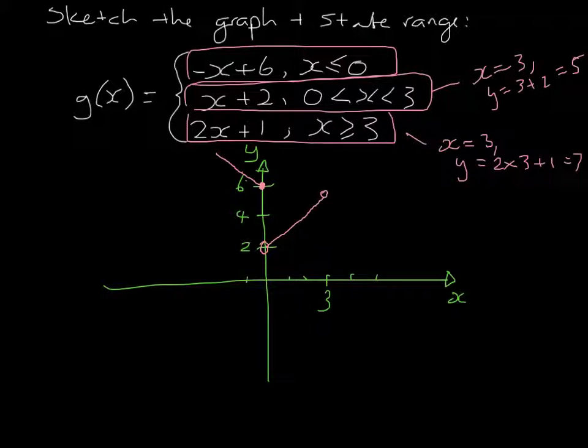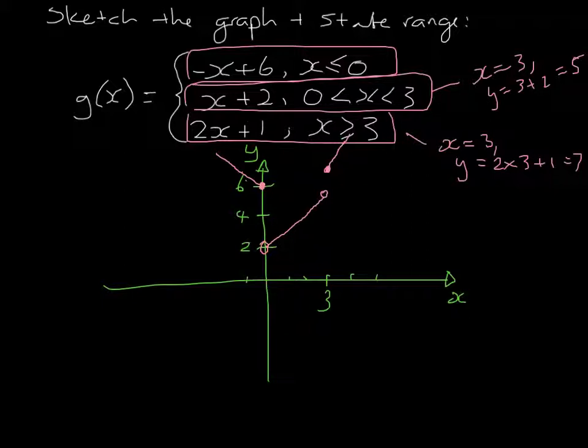So that tells us we go up to 7 here, about there. We'll have a nice little circle there. And the gradient we have is 2, so it goes up 2 for every one that it goes across, so it's going to be a fairly steep graph. The graph will go up like that. Okay.